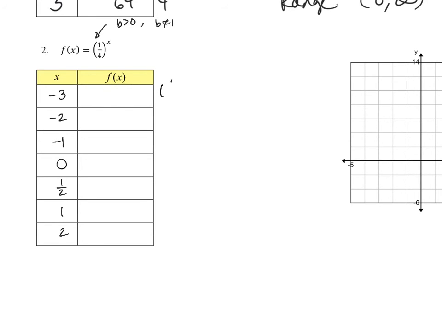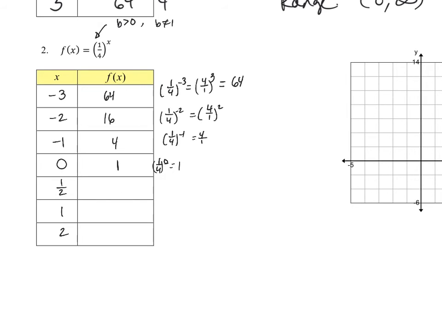So 1/4 to the -3, that would be the reciprocal to the positive power, so that would be 64. And 1/4 to the -2, there's my reciprocal to the positive power, so that'd be 16. 1/4 to the -1 is just the reciprocal, so that's 4. Anything to the 0 is just 1.